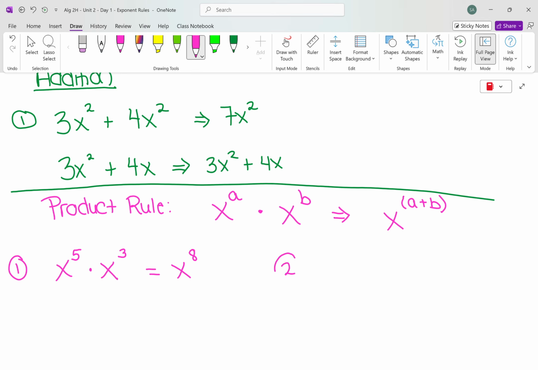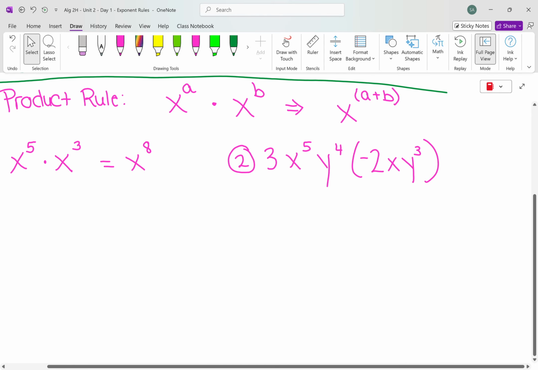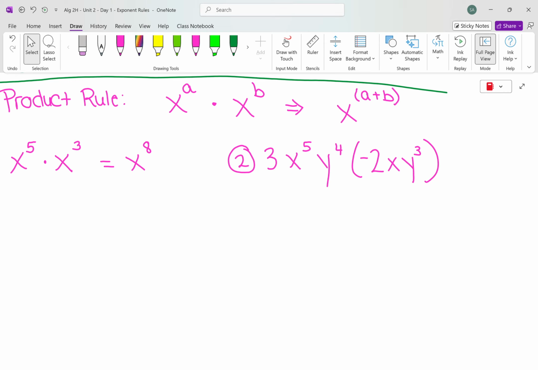Let's add in some coefficients now. Let's say I have 3x to the fifth, y to the fourth, times negative 2x, y to the third. This is still a monomial, right?